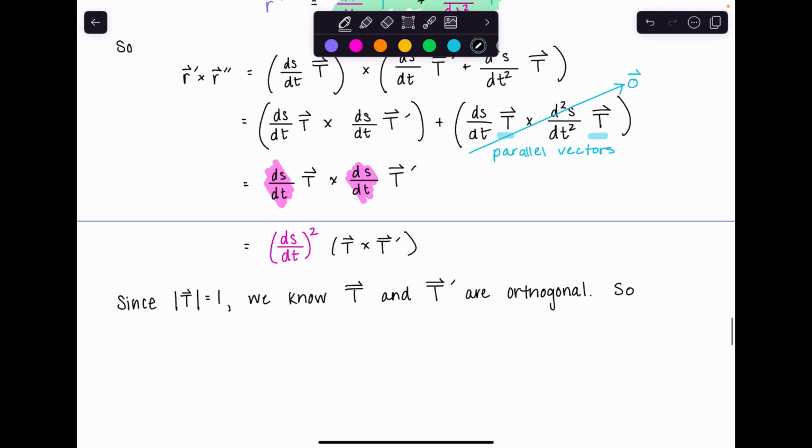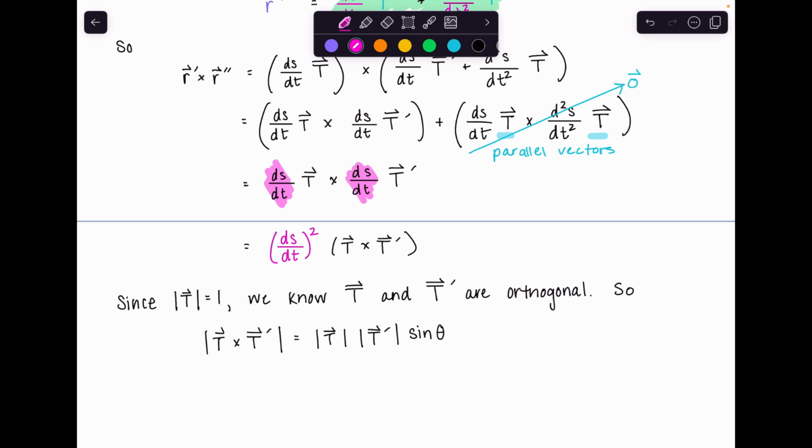So what ends up happening if I go to take the magnitude of this? Remember our formula: you take the magnitude of each separately, and then you multiply by the sine of the angle between them.